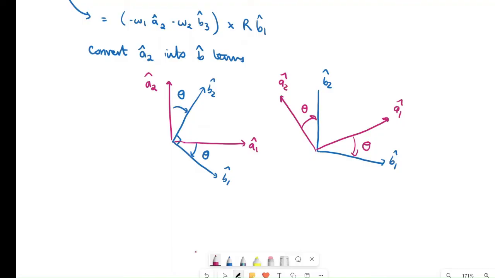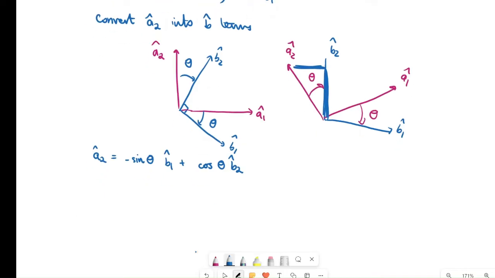Okay, so now hopefully from just trig you can write the vector a2 hat. So a2 hat is equal to negative sine theta b1 hat plus cosine theta b2 hat, right? Because the cosine is along here, the sine is along here.